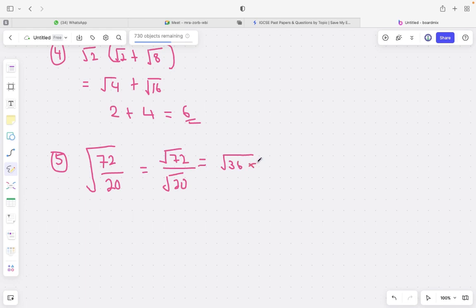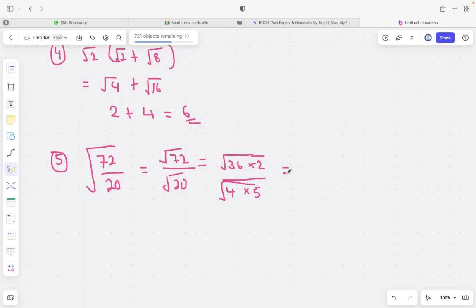72 is 36 times 2, because 36 is a square number. So once you have that, the denominator 20 is 4 times 5. Why do we choose 4 times 5 for 20? Because 4 we can find the square root, and 5 is a prime number.